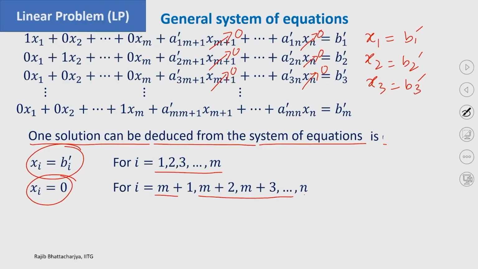So, this is one possible solution. This solution is called basic solution. So, what is a basic solution? Already we have discussed that this solution is called basic solution. That means, for the non-basic variables we are setting them equal to 0 and for the basic variables x i equal to b i.